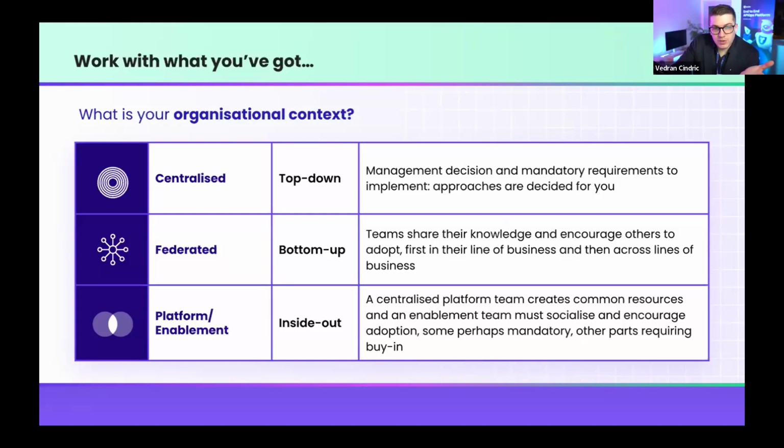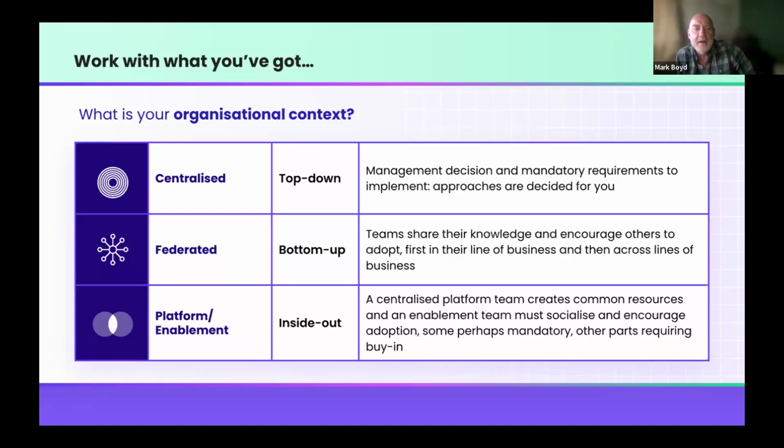Where do you think most orgs are? Is it centralized, federated, or platform? I know personally some in every category, but I've never actually wondered what's the most popular one. Yeah, so in the US, I think platform enablement is now moving up. London, or the UK, is still very much between the two, centralized and federated, about 40-40 and then 20 for platform enablement.